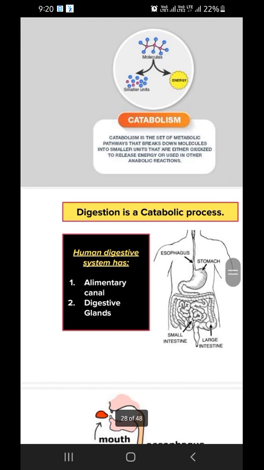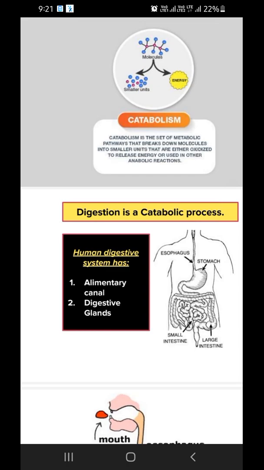So digestion is a catabolic process because it breaks down complex substances into the simplest substances. The complex substance is the food we take, and the simplest substance is the undigested waste we release.